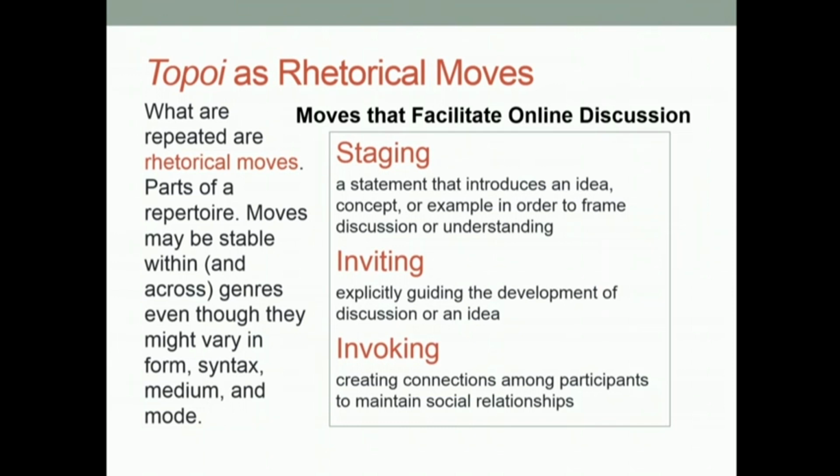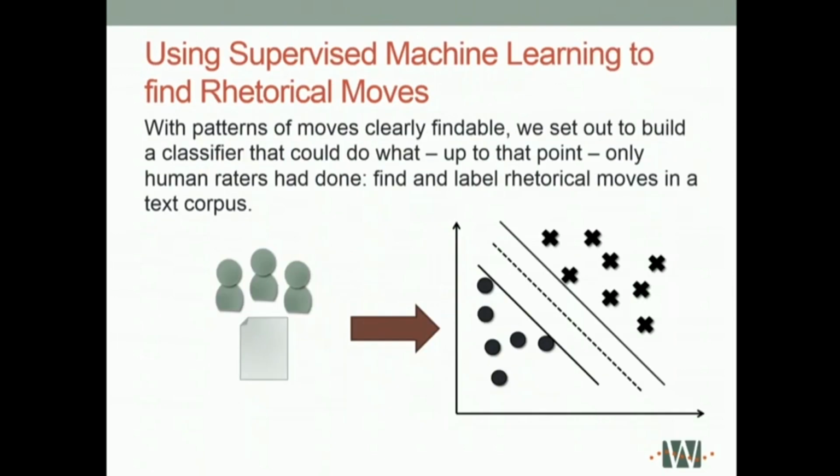I can tell you that we can get the computer to agree with a human at about the same rate as we can get another human to agree with the human. And we do that with supervised machine learning. We feed it enough examples, we see enough repetition, and it starts to see the pattern.